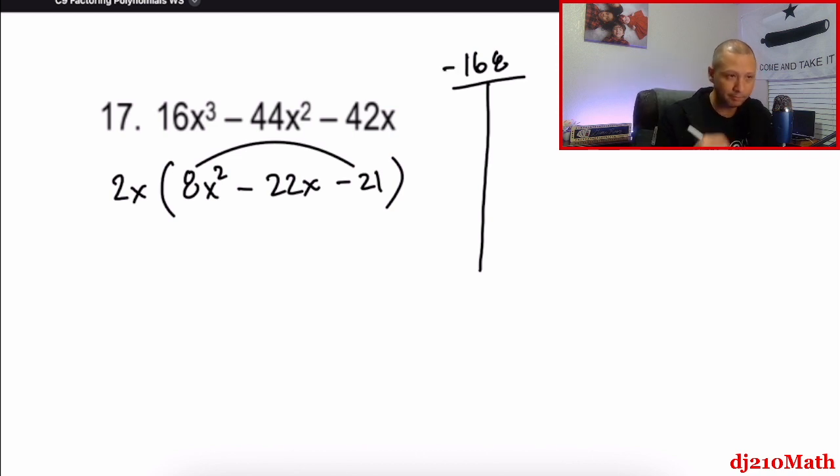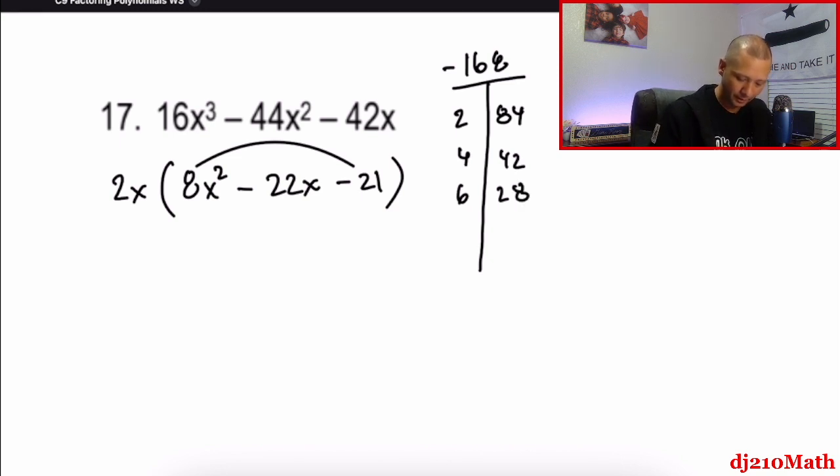So let's see. 2 and what? 84. 3. 4 and 42. 6 is going to be twice 28. Okay, that's it right there.